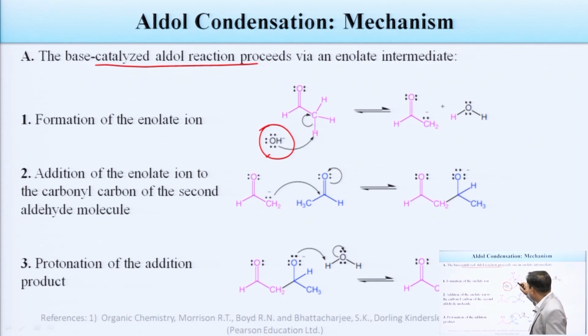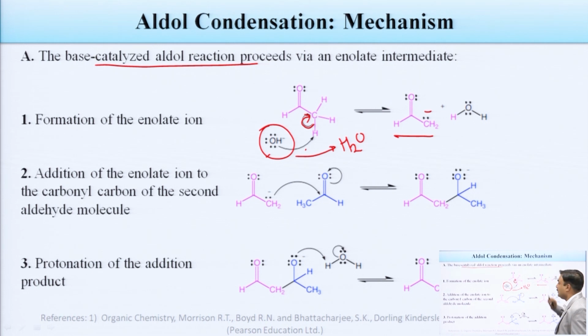How? You can see the hydrogen will be abstracted after donating its electron towards the carbon. Now this OH minus becomes H2O and this carbon carries the negative charge, here you can see. So, we are getting enolate ion plus one molecule of water.